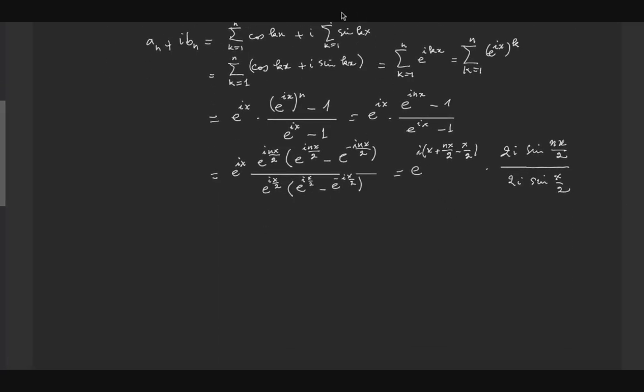Of course, these two cancel, 2i and 2i, and so we're left with, if we do this sum here, e to the i times (n plus 1) x over 2 times sine nx over 2 over sine x over 2.